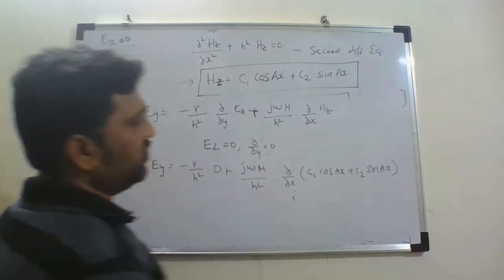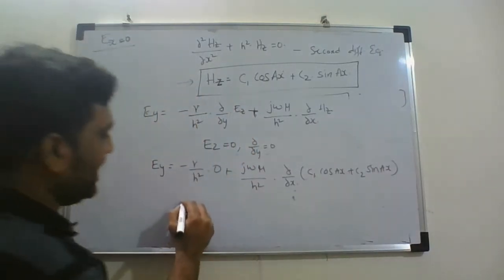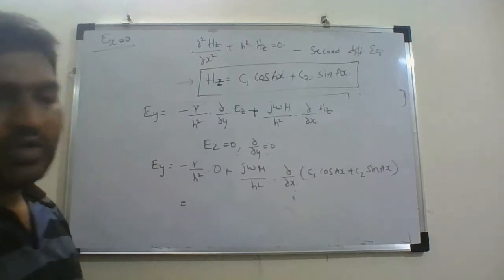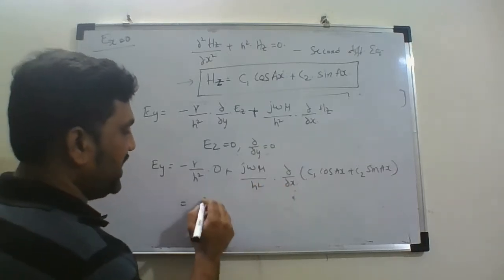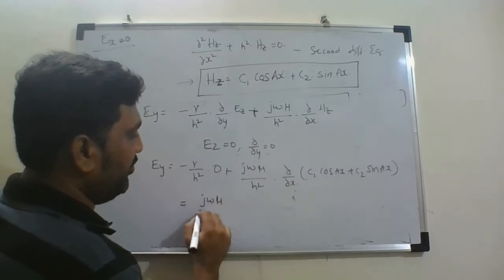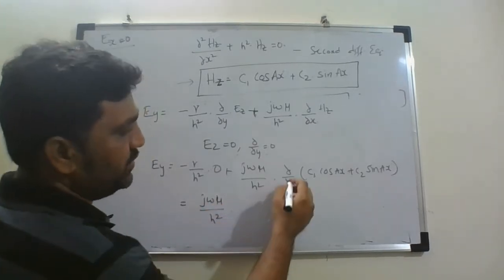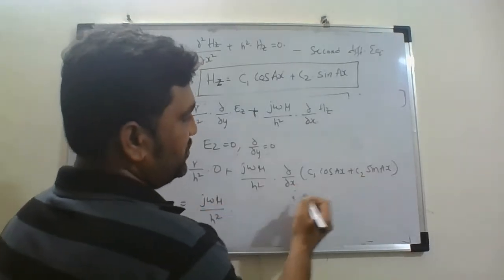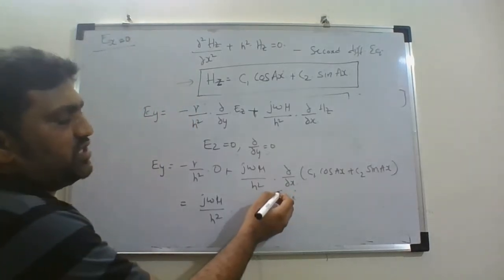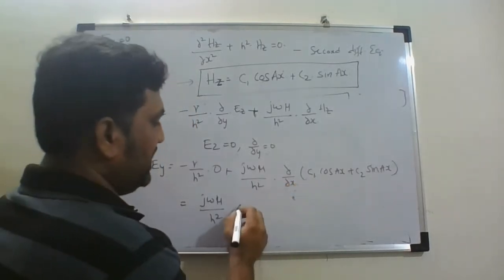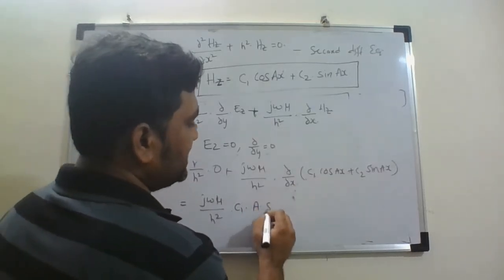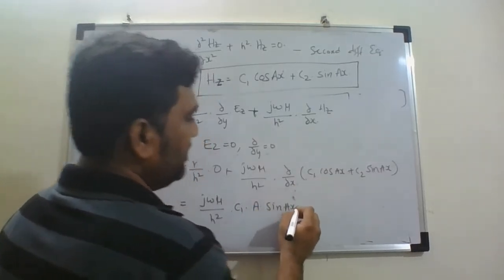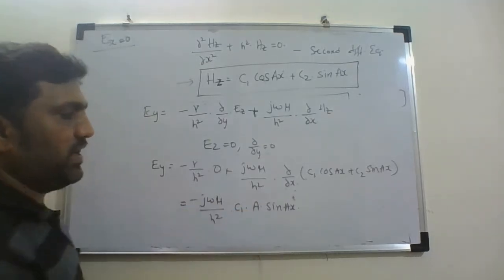When I differentiate with respect to x, C1 is a constant, and the derivative of cos ax gives a minus sin ax.